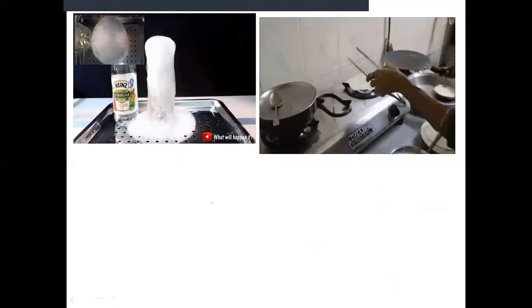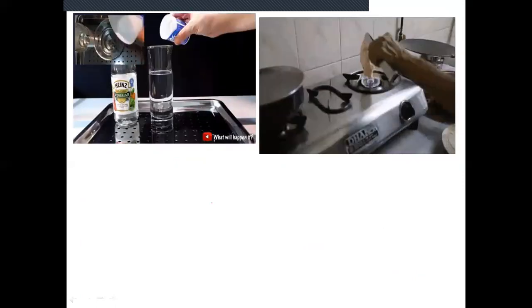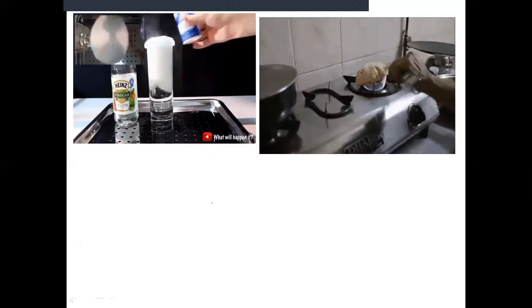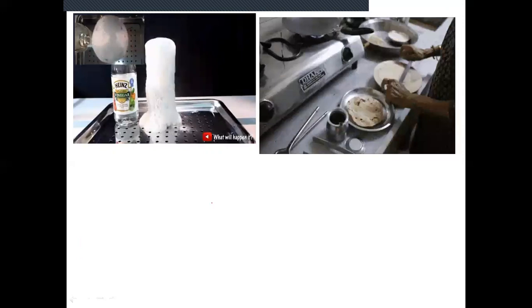Making chapati or roti is also a chemical change. Here you can see the brownish dark spot, that is due to the chemical change.